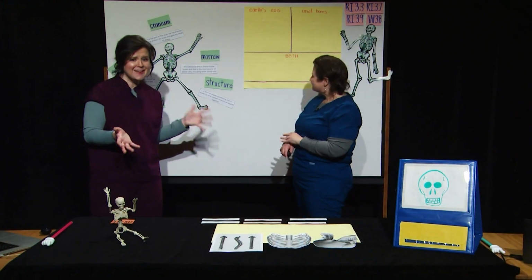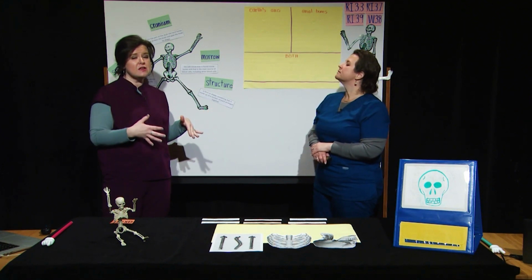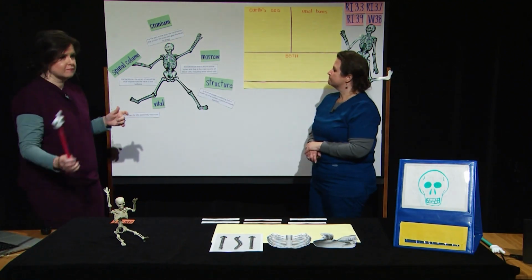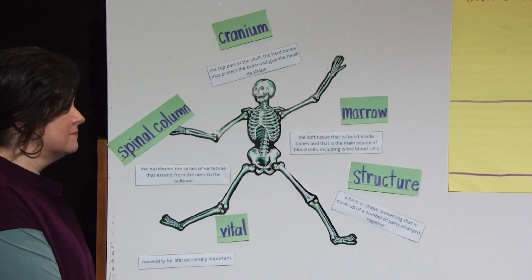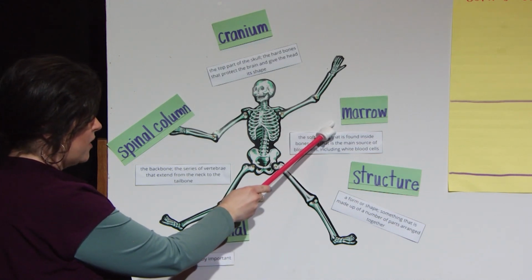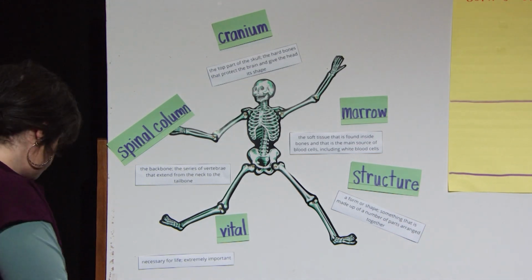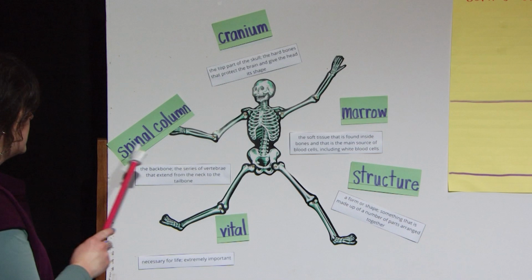Great work! Let's read over all of our words as Miss Amanda gives us a brief definition of each one. Perfect. All right. Cranium. So that's the top part of the skull. Marrow. That's the soft tissue that's found inside the bones, right? And it's the main source of blood cells, including white blood cells.